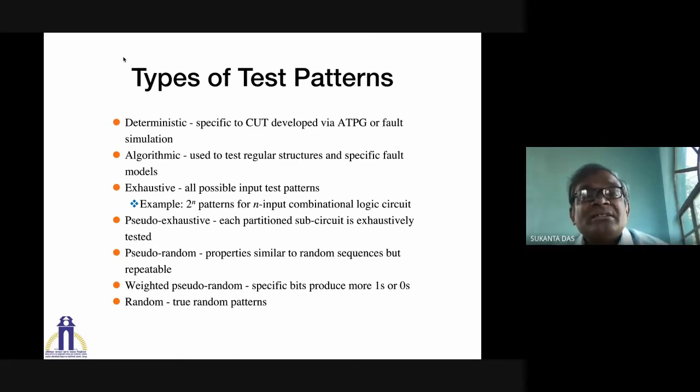One is the deterministic test pattern. Deterministic means a circuit is given to you, and you know that to test the circuit, you need to supply this set of test patterns. These are called deterministic, and obviously it is specific to CUT, circuit under test.